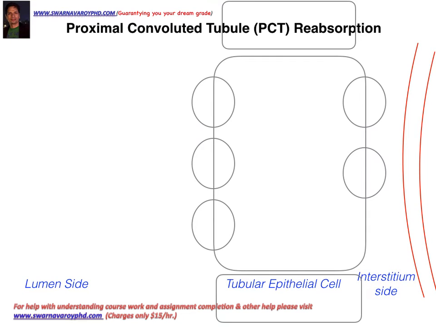And then we have the right side, which is the interstitium, which means that the blood capillaries are present on this side, and whatever substances are absorbed by the epithelial cells ultimately pass into the blood capillaries to be taken back by the circulatory system of the body.